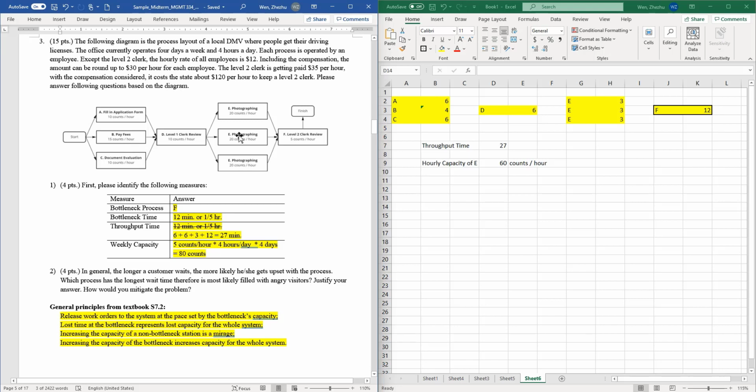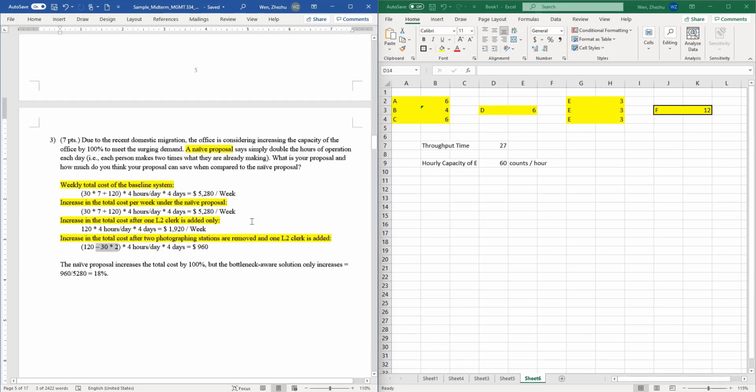So your process time here for the photographing station is actually 1 minute for each count. So if you eliminate 2 from the existing 3, you are still fastest, but you are not a big contrast when compared to other processes. Okay, that is my approach.